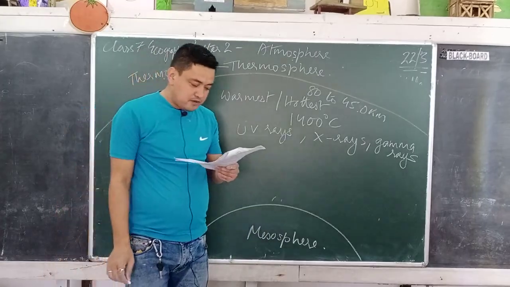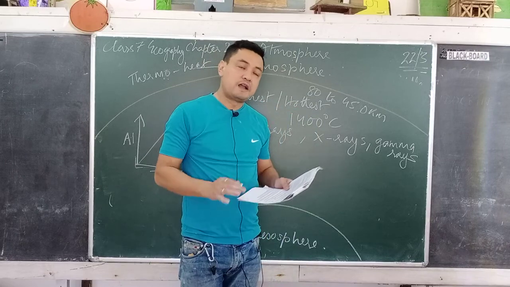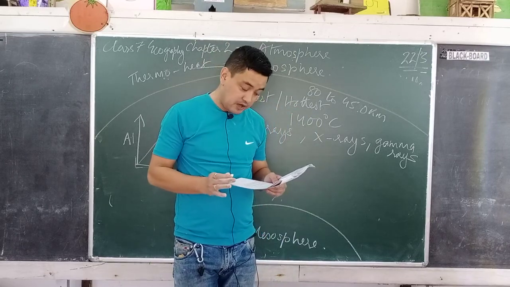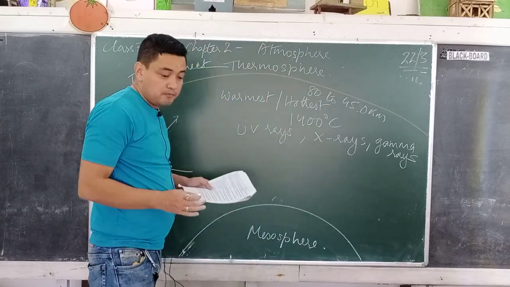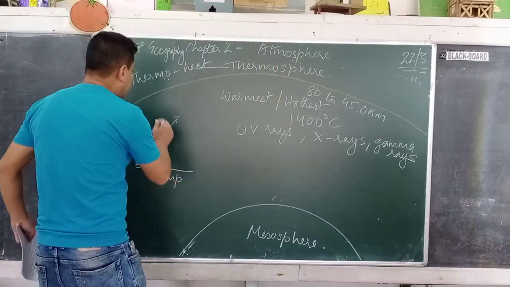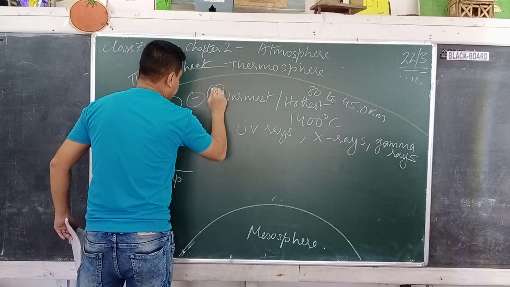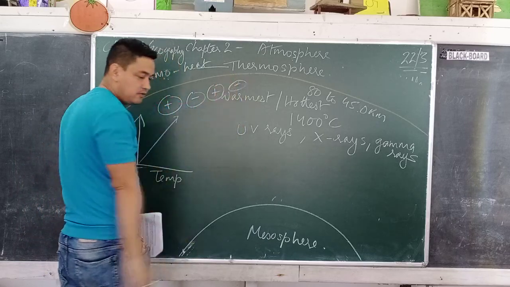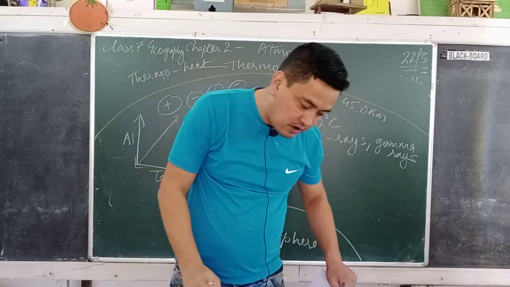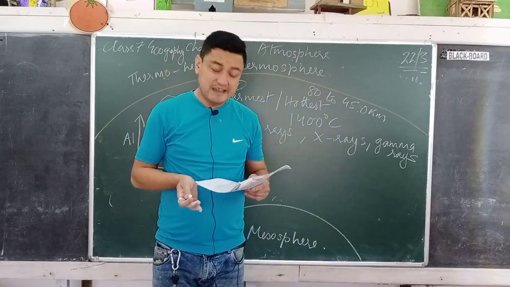In this layer you find ionization of molecules. We are talking about molecules and atoms. I have made plus and minus signs here, which show the concentration of molecules and atoms that you find in this layer.